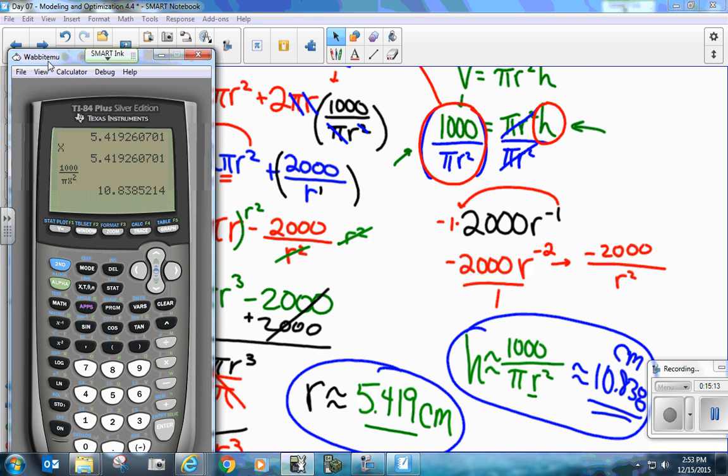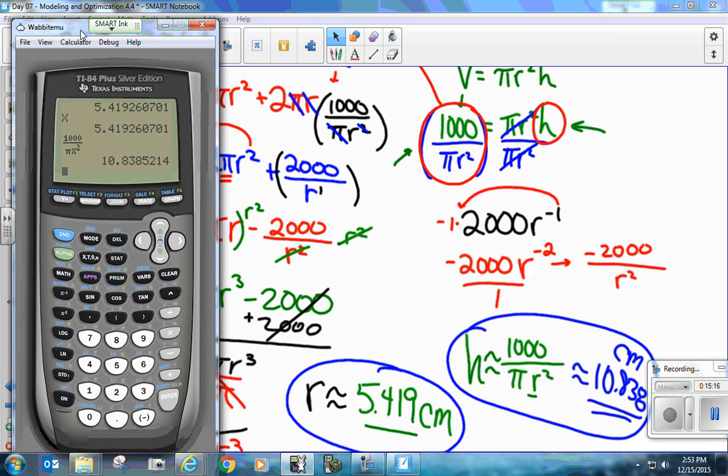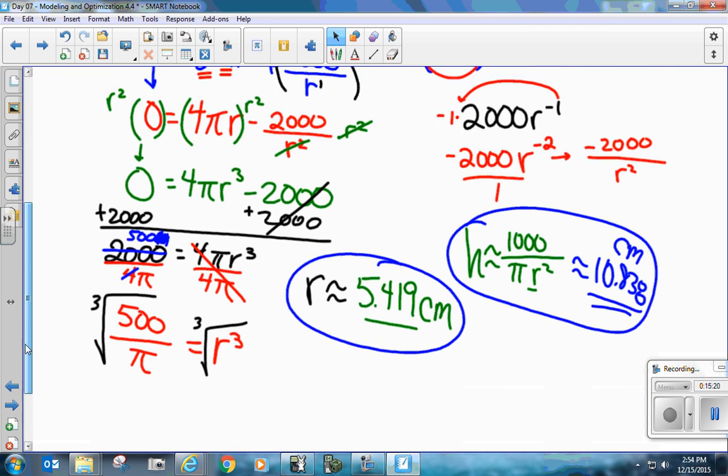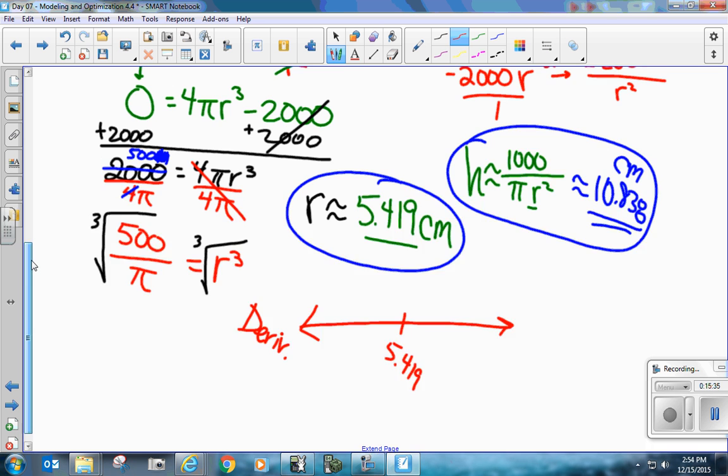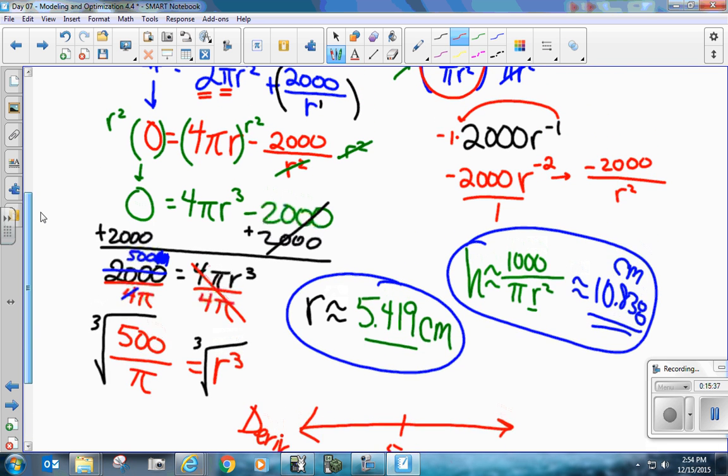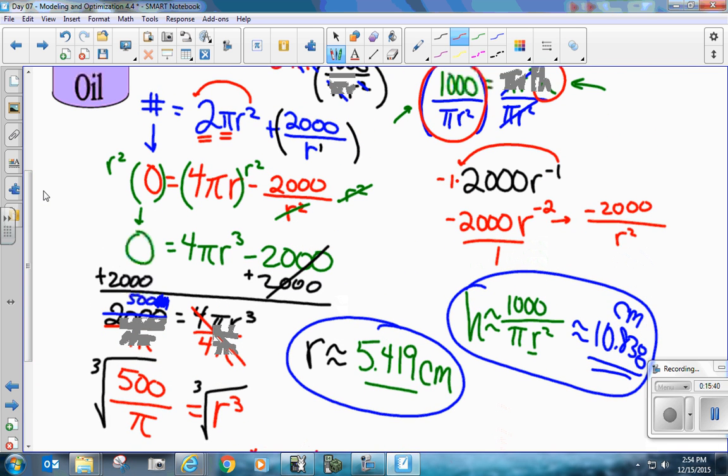There you go. And if you wanted to get technical, they wanted a minimum, correct? On our number line, for our derivative, right? R was 5.419, okay? Our derivative was this equation right here.